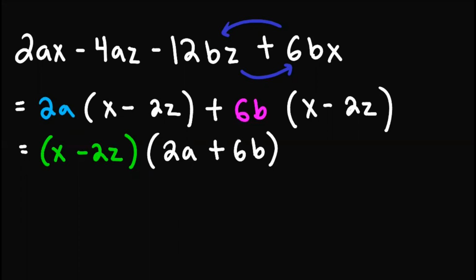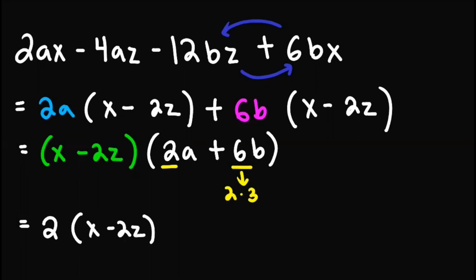Observe here that we can still factor out a 2, since 6 can be written as 2 times 3. So we'll have factor out the 2 times x minus 2z times a plus 3b, since there is a 3 left out here. And so this is the final answer for this problem.